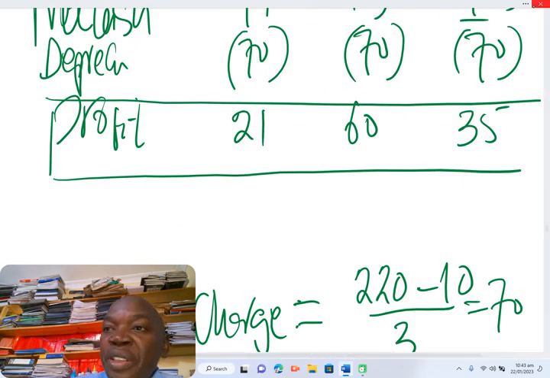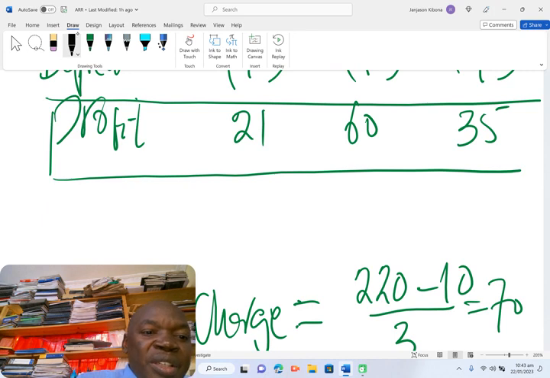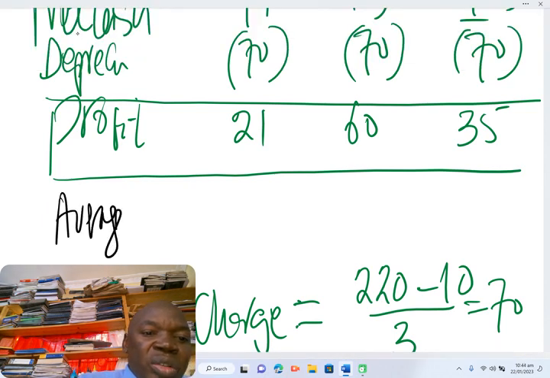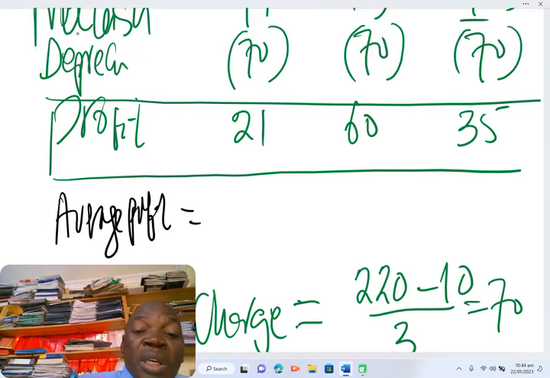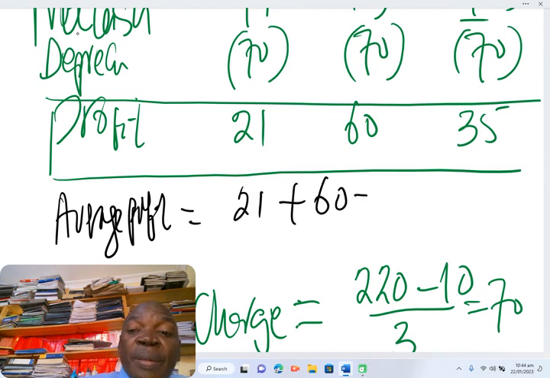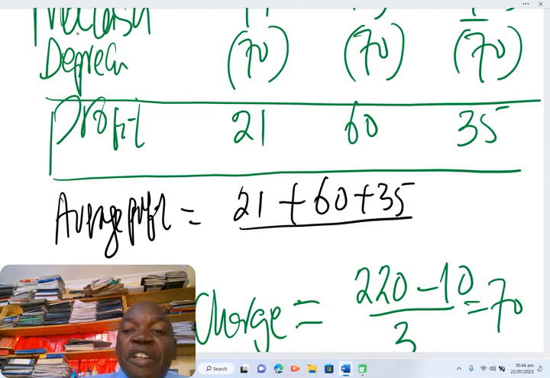Now, the average profit can be computed. It is 21 plus 60 plus 35 divided by 3.